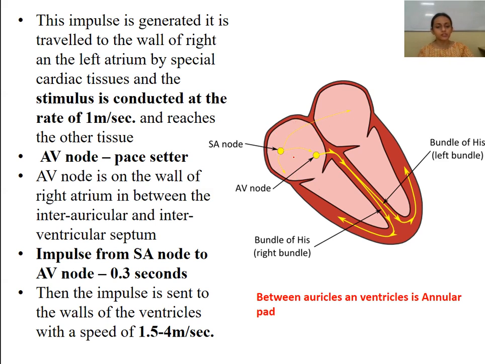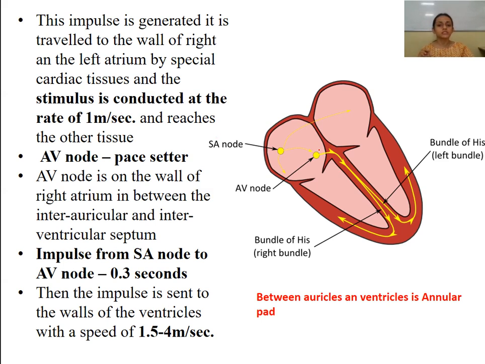When the impulse travels to the walls of the atria, a stimulus is conducted, and this stimulus is conducted at a rate of 1 meter per second. Then with this stimulus of 1 meter per second, it reaches the other tissue.